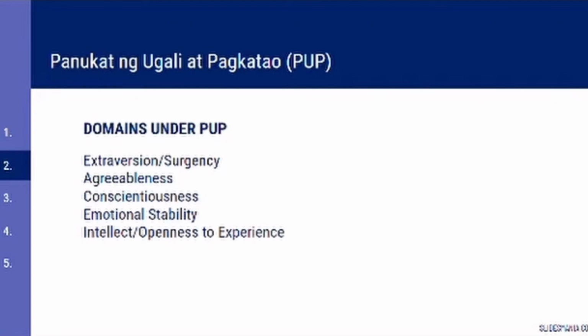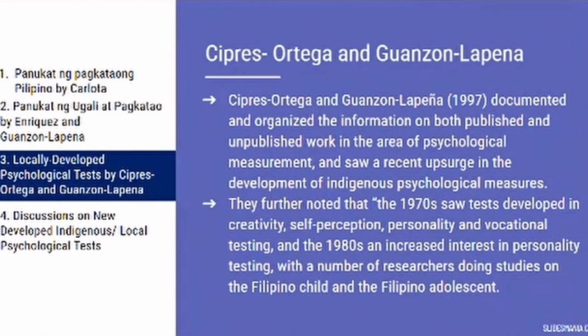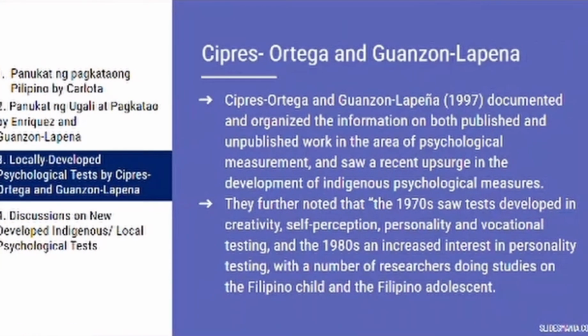And the next reporter is Kiana po. Next slide, Kiana, for me to read your topic about locally developed psychological tests by Cypress Ortega and Guanzon Lapena. Kiana, the floor is yours.